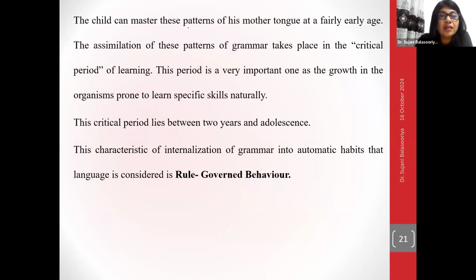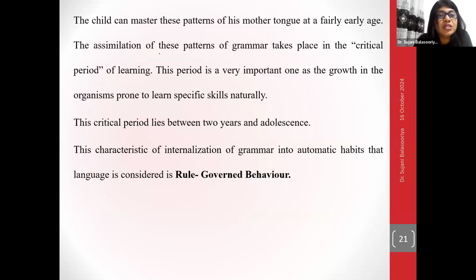These mother tongue patterns are acquired by a child at a fairly early age, around 2.5, 3 years, right? The child will acquire the patterns of the mother tongue. 3 plus then, right? 3.5, 4, 4.5. Then he is developing the mother tongue structures.